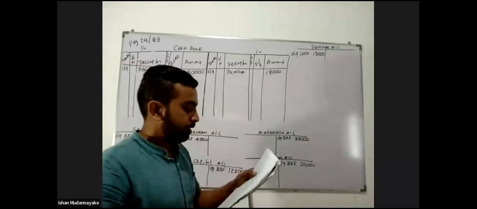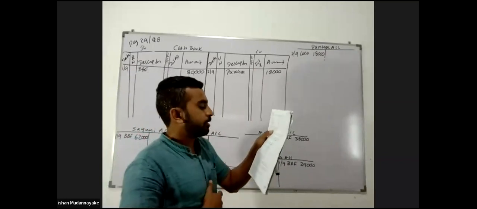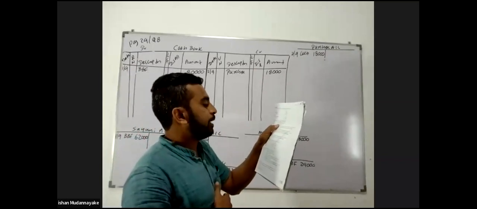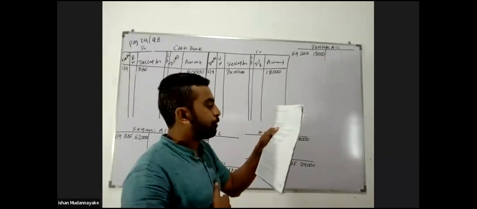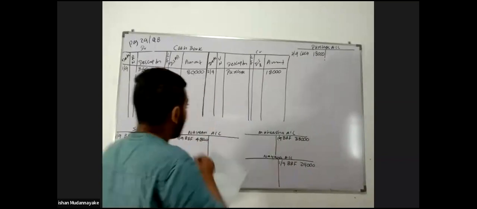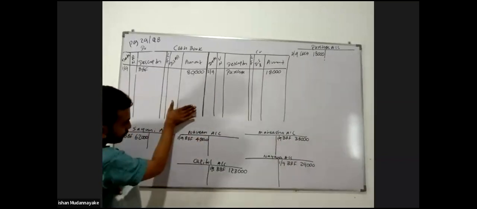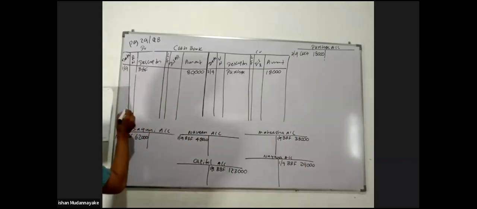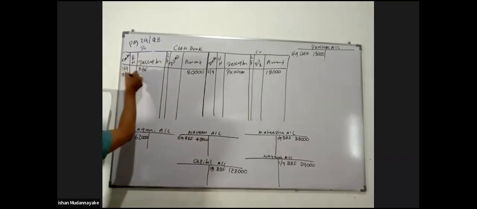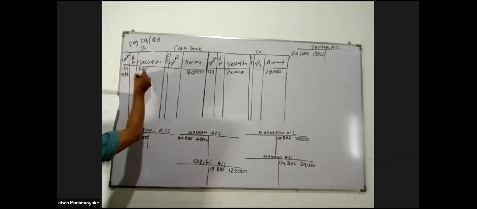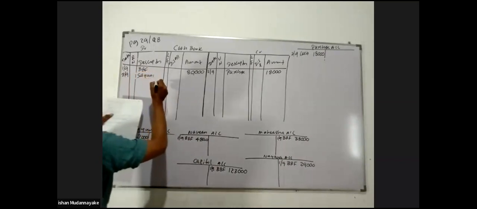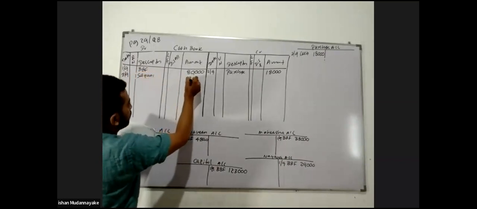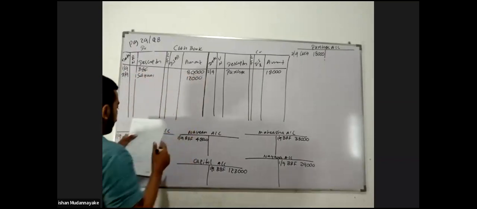Second transaction, 8 September, cash received from Savini 12,000. Then cash inflow, so cash book debit. 8 September, received cash from Savini 12,000.